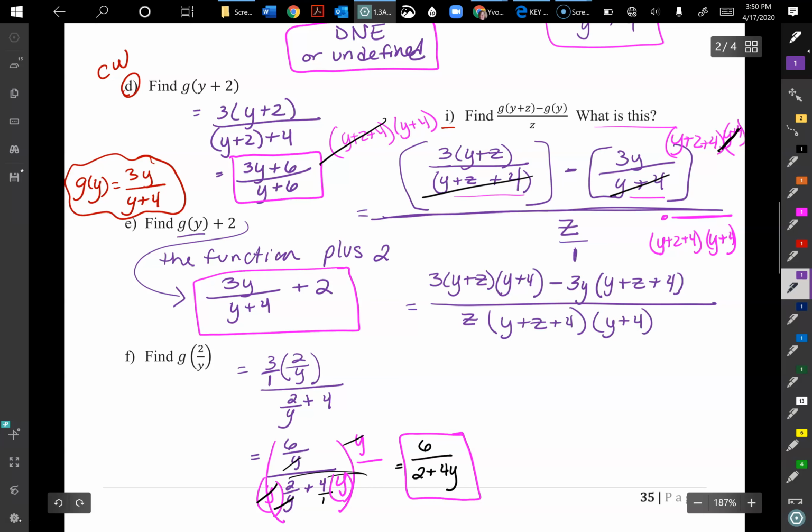We just had a 1 in the denominator, so I don't have anything that reduces out. So I just leave that.